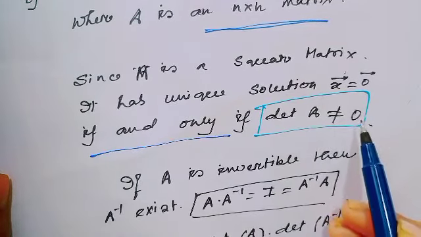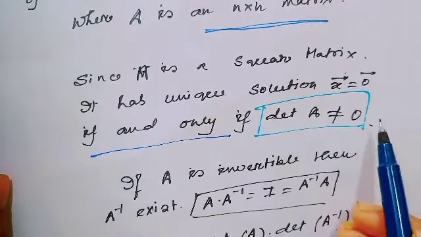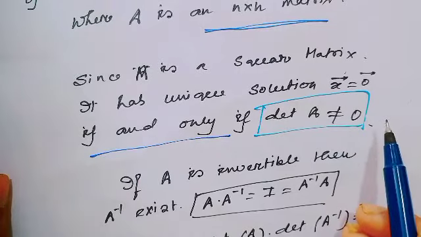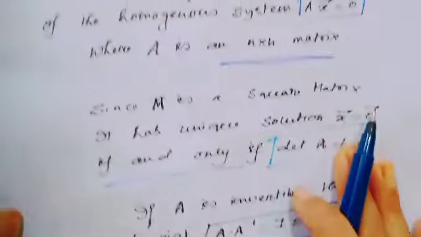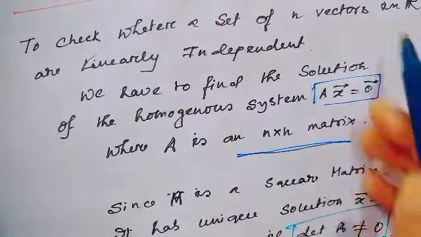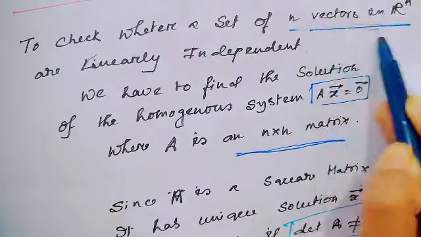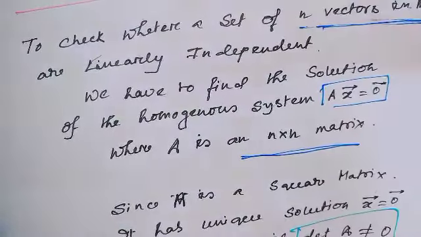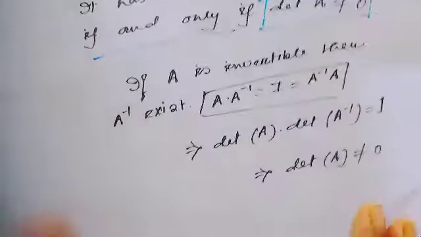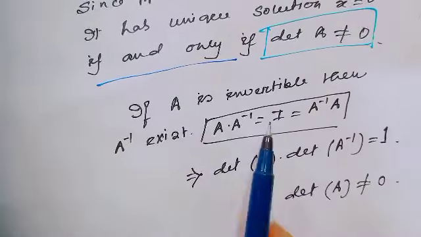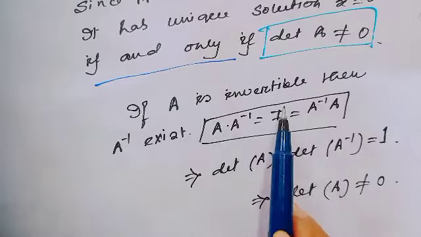That means when determinant of A is not equal to 0, these n vectors in Rn are linearly independent, because it implies the matrix is invertible.